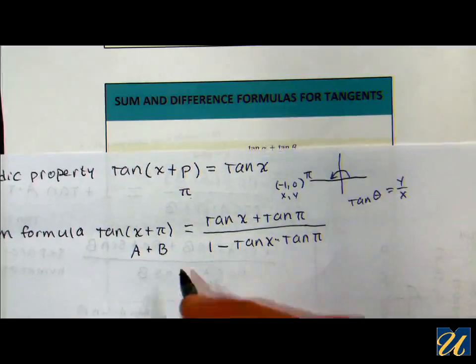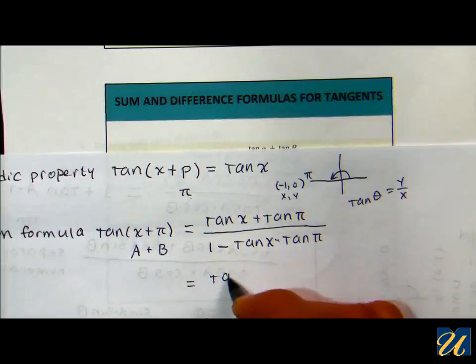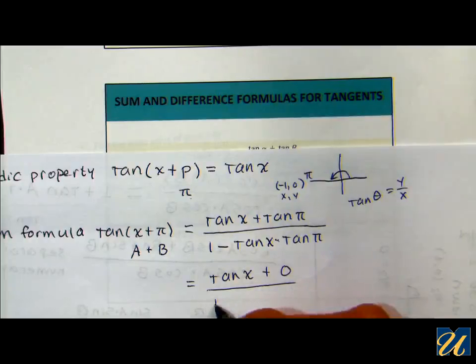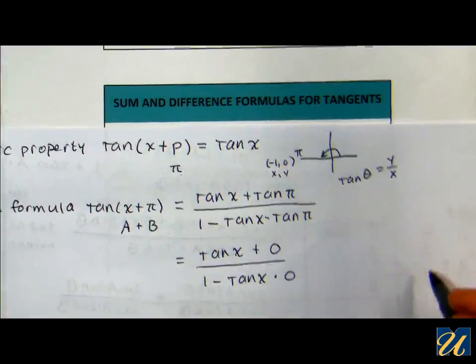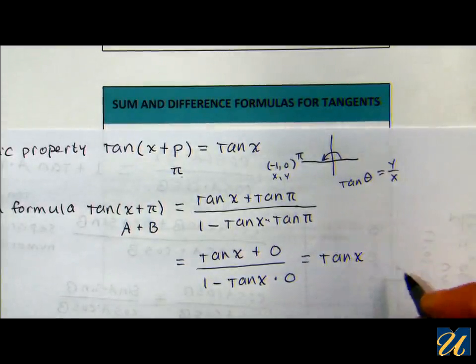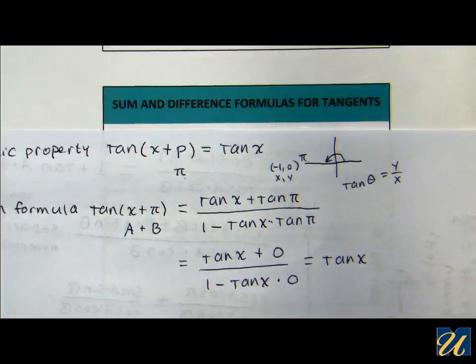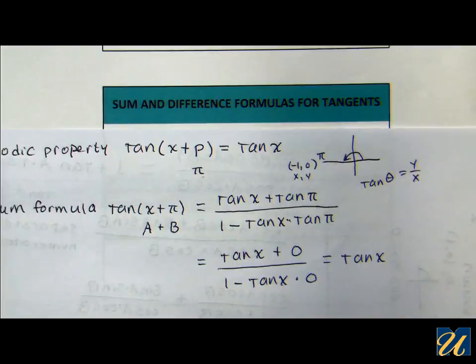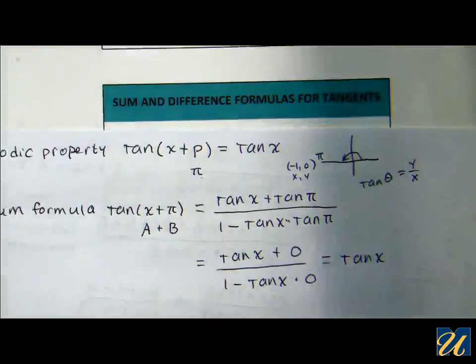Well, that's going to simplify our calculation to be tangent of x plus 0 divided by 1 minus tangent of x times 0. And that simplifies to just tangent of x. So whether you use the periodic property or the formula for the tangent of the sum of two angles, we end up with the same result, just tangent x.